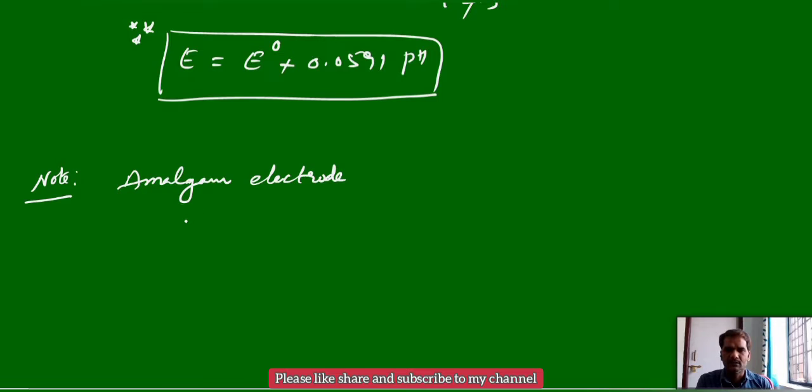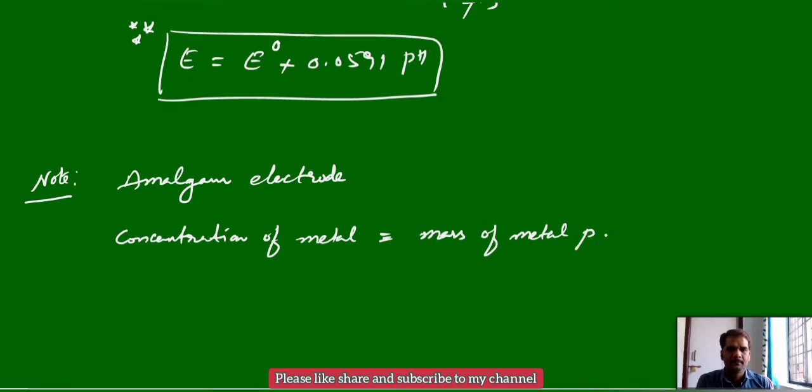And in the case of amalgam electrodes, the concentration of the metal can be calculated like this. That is important. Concentration of metal we can generally take as the amount of metal per gram of mercury, that is the mass of metal per gram of mercury.